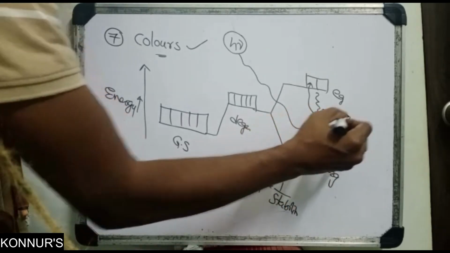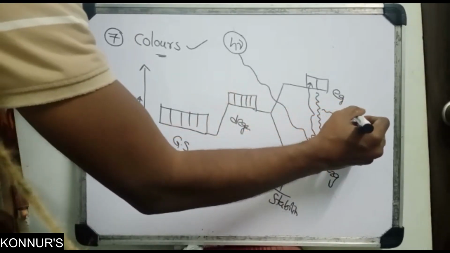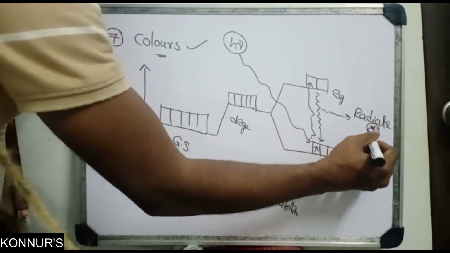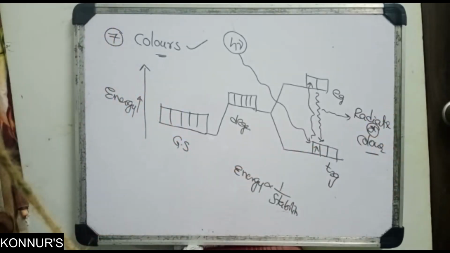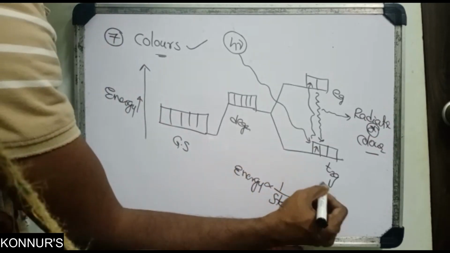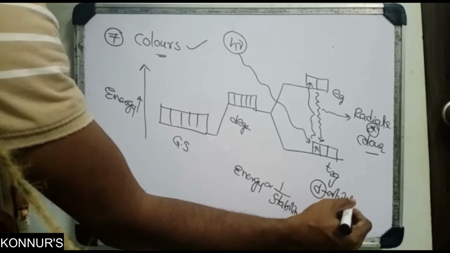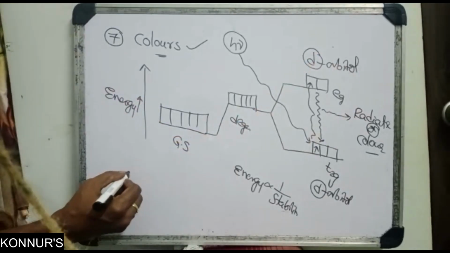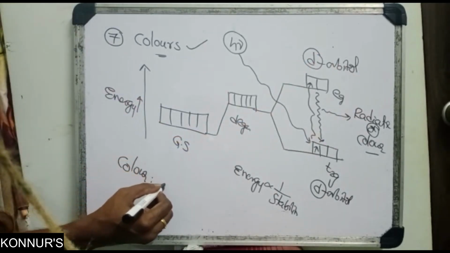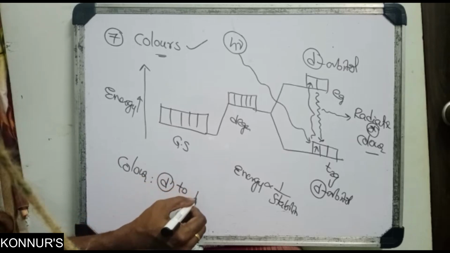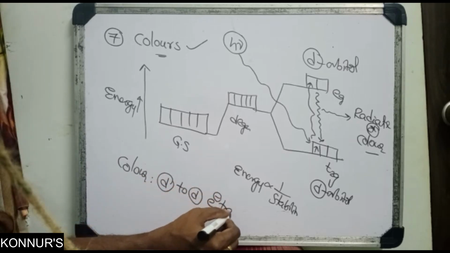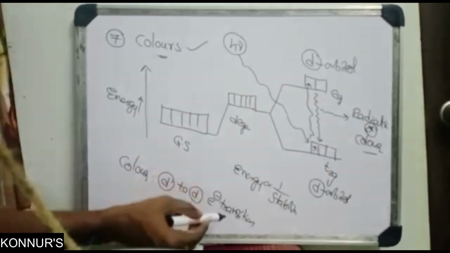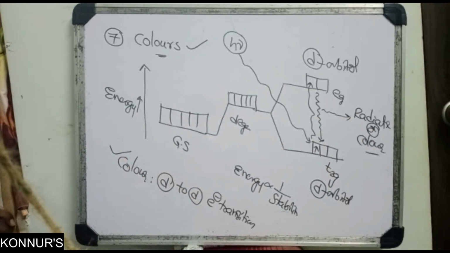In the meanwhile, the absorbed energy that comes out as radiation is nothing but color. In one word, t2g is d orbital only, and eg is also d orbital only. So the color is due to d-d electron transition. The electron jumping from d orbital to d orbital is responsible for the color property.